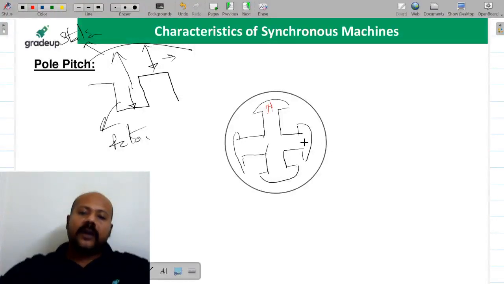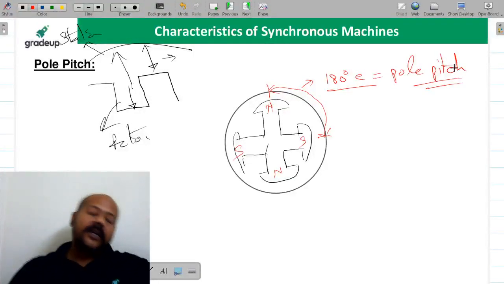Now suppose you are having it this way: north pole, south pole, an adjacent pole pair. Now what is happening beta? If you go from this north pole to this south pole, this we are calling the 180 degree electrical pole pitch.